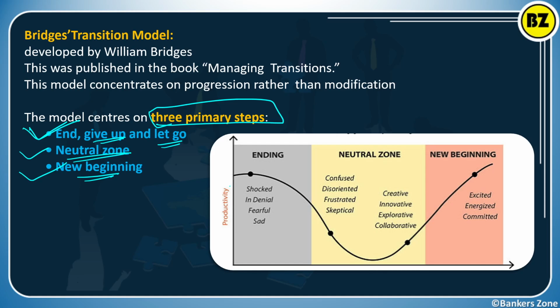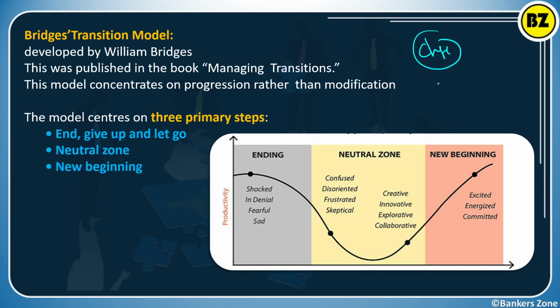For example, ending: shocked, in denial, fearful or sad. What happens actually? You have to implement a change, and management has declared that you have to accept the change. So there may be the end, meaning employees will not resist the change.